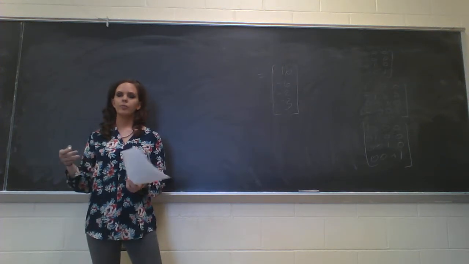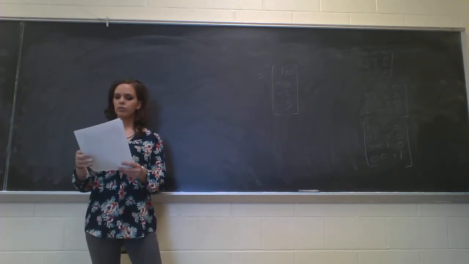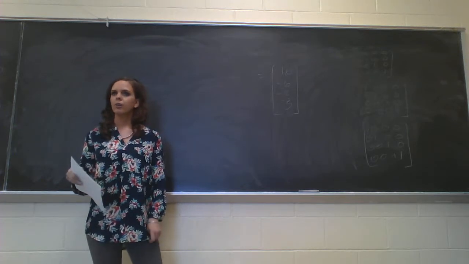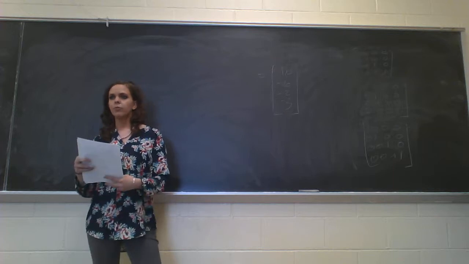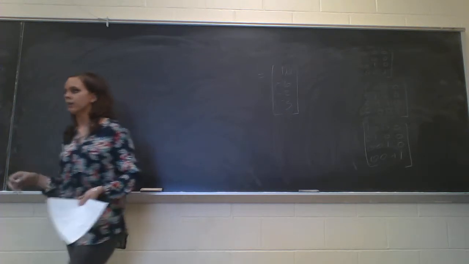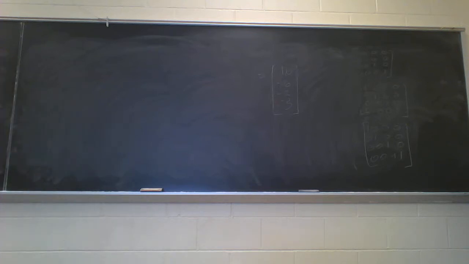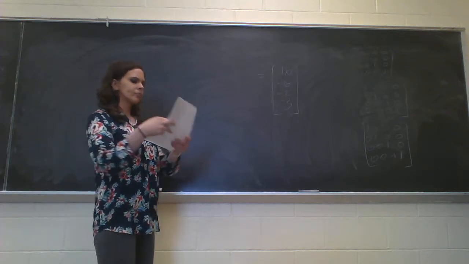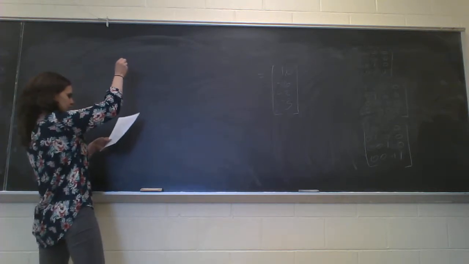Then we can talk about always having an LU decomposition for every matrix A. But what we have right now, we can't always have an LU factorization for every matrix A. So it has this diagonal element 0.